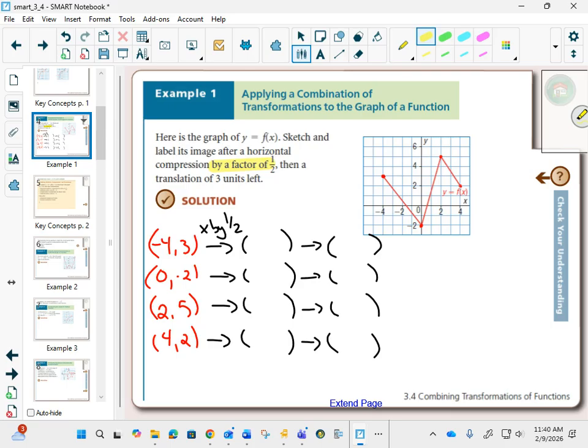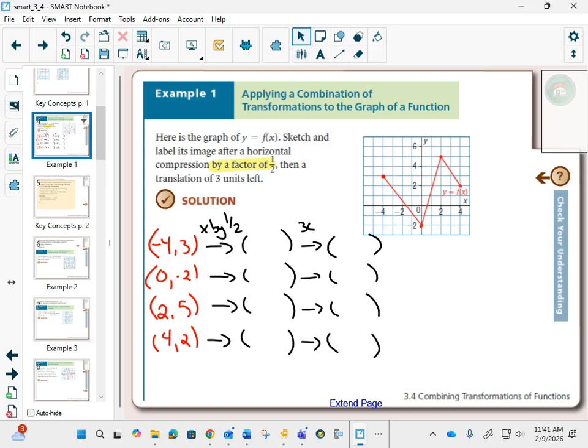Be careful, because sometimes people will say, a horizontal compression of 1/2, does a compression and 1/2 contradict each other, and that actually is a stretch of 2? No. If you add the words by a factor of, that just says that's what you're multiplying by. So it's a compression because you're multiplying x by 1/2, and then we're going 3 units to the left.